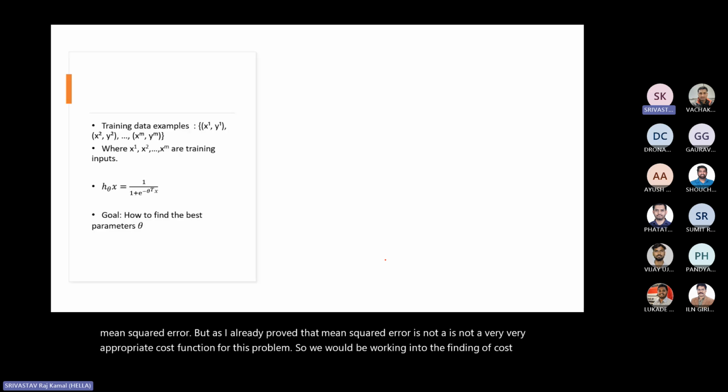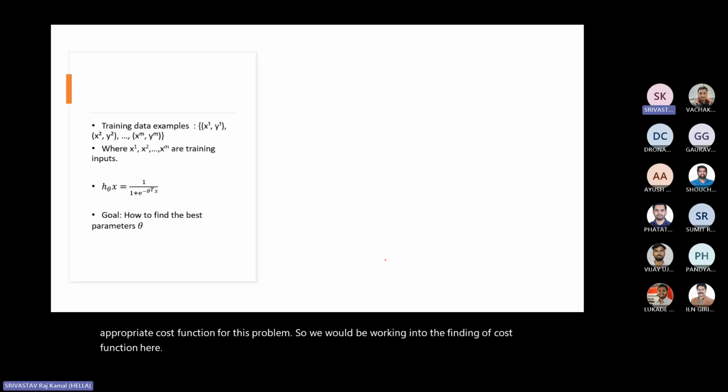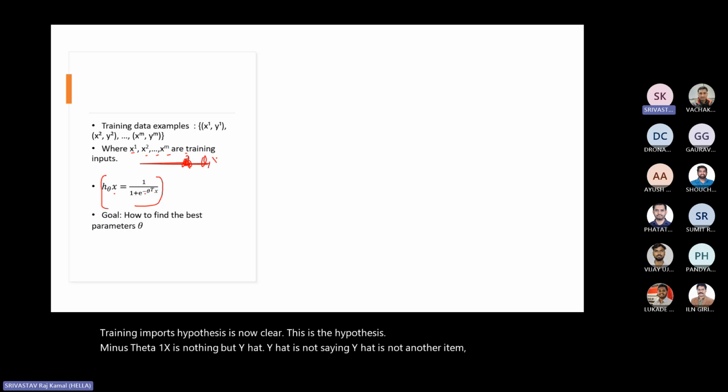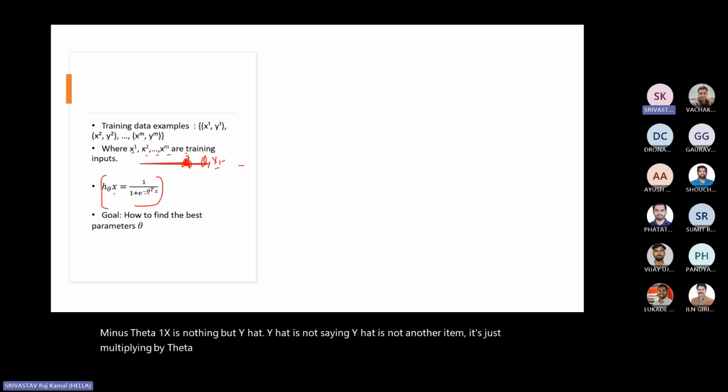So okay, let's see. This is the data. You already have the data. These are data points, training inputs. The hypothesis is now clear. Theta transpose x is 1 upon 1 plus e raised to the power minus z.